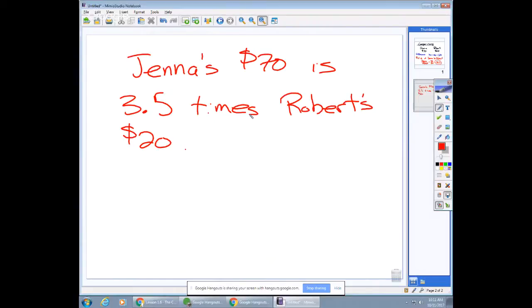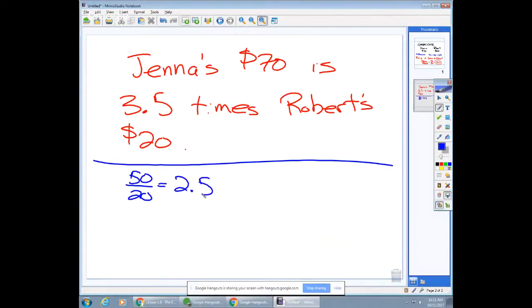Which takes some getting used to. I mess it up on a regular basis. I'm sure I do it at least once a week. So just a note, if you did want to use the word more, I would have to make a note that if I take 50 over 20, that comes out to 2.5. Remember, 50 is the amount more.